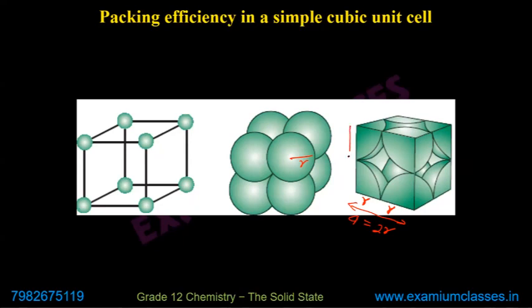The edge length of the cube a will be equal to twice the radius of the atom. Is that clear? We need to understand that, otherwise we won't be able to cancel the radius or edge and get the packing efficiency.